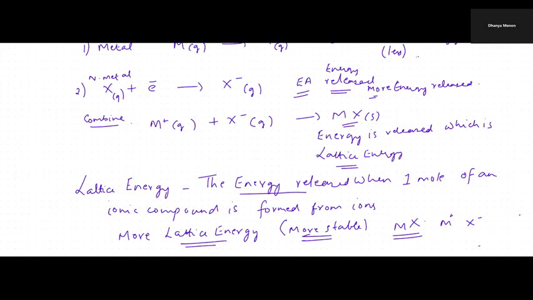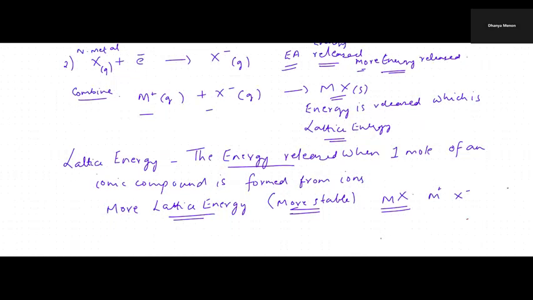Whenever more energy is released, the system is more stable, so the more the electron affinity, the more stable the system. Now the cation and the anion combine to give the ionic compound, and in that process also energy is released, which is called lattice energy, the energy released when 1 mole of ionic compound is formed from the ions.